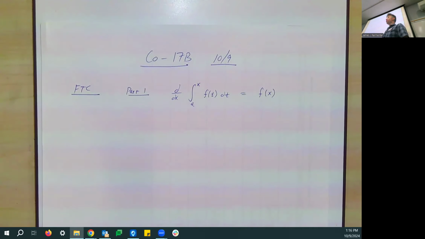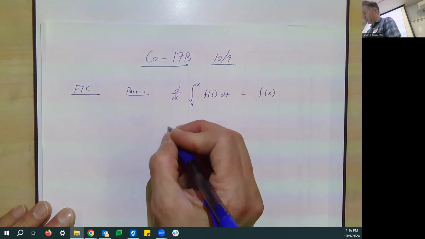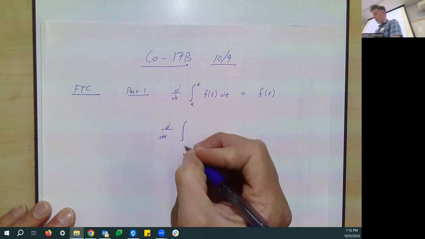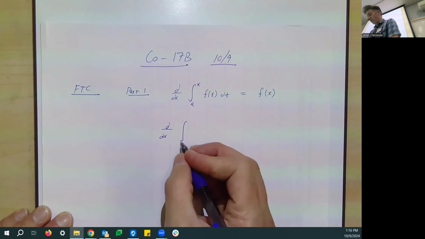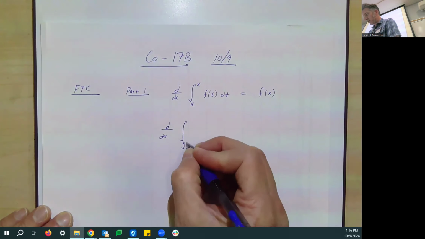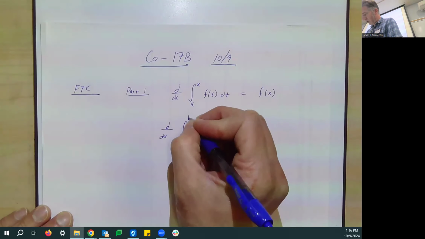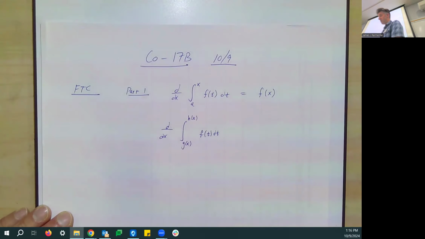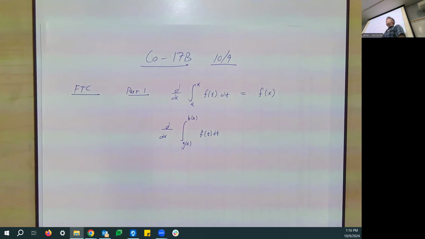And then the more general version of this rule, I'm actually going to give you the very, very general version, is that if the lower bound is some function of x, and the upper bound is also some function of x, of f of t dt, you still get the same result. You still get the inside function, except you're evaluating the inside function at your limits of integration, and the chain rule applies.